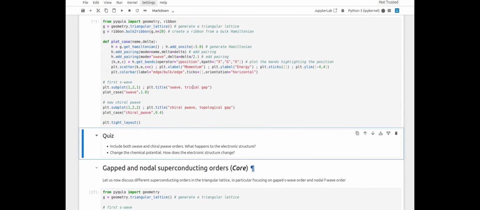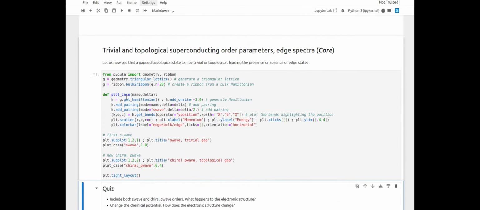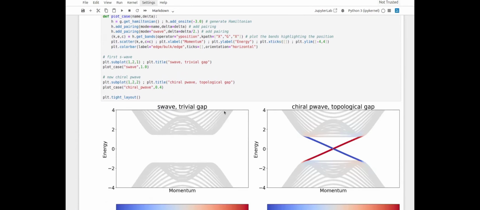And if you do that, you will see that the topological states remain. So even if you add a mixture between P wave and S wave order, the topological modes remain there. And the reason why they remain there is because they are, of course, topologically protected. So even mixture between different superconducting orders is not going to affect topological modes as long as those topological modes are protected.